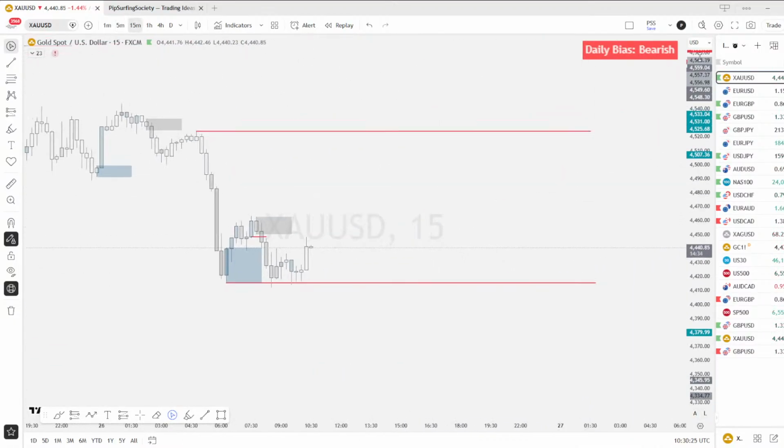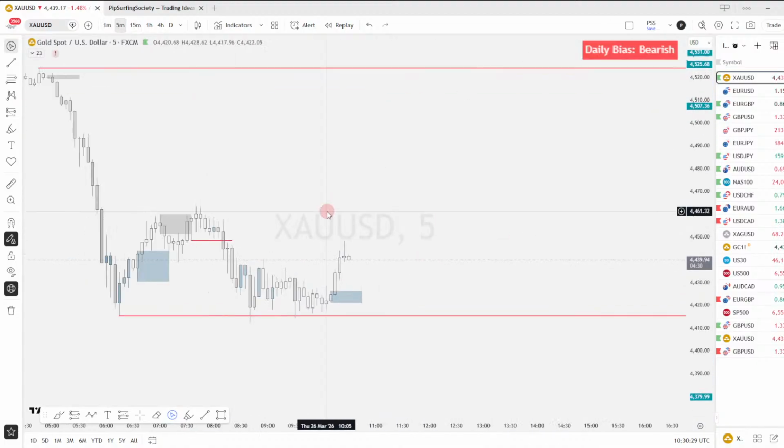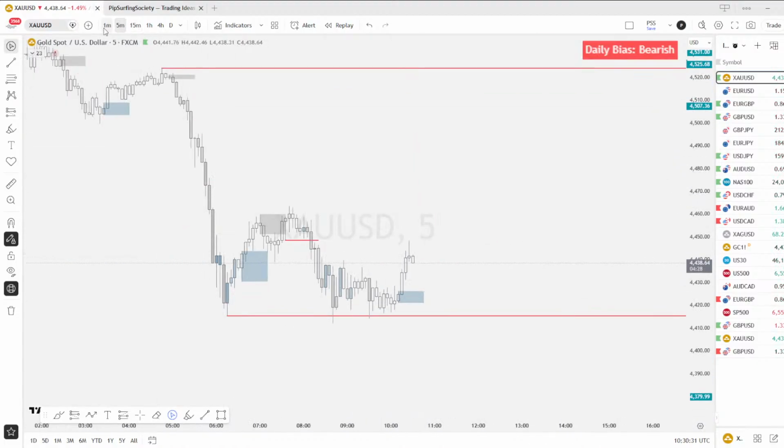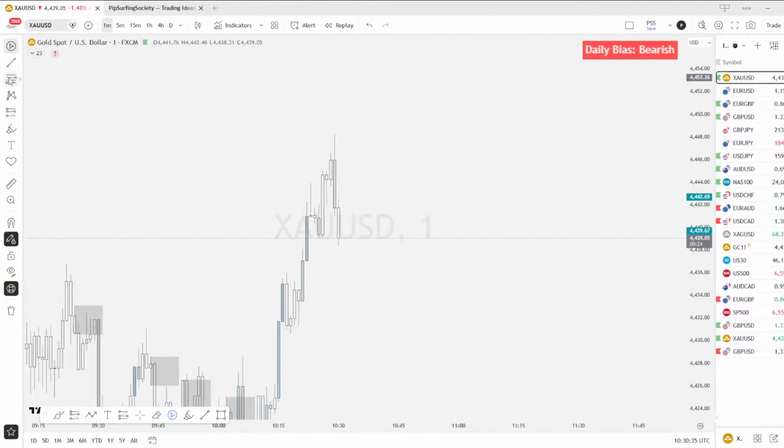We're still bearish on gold here. The 5 minute is also bearish. The 1 minute is the only thing that is bullish right now. Now, if we close below here, we have a probability basis that we will continue lower.